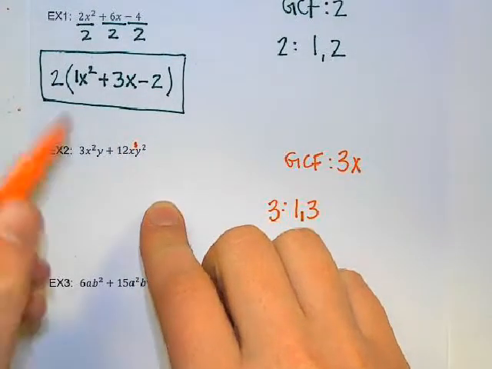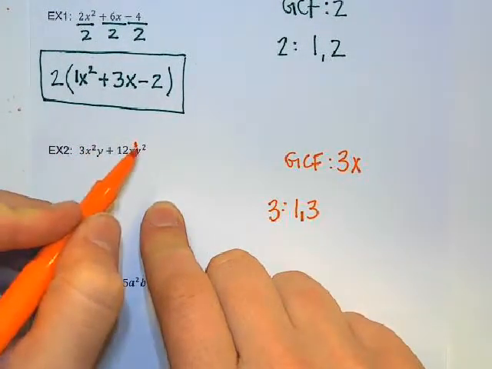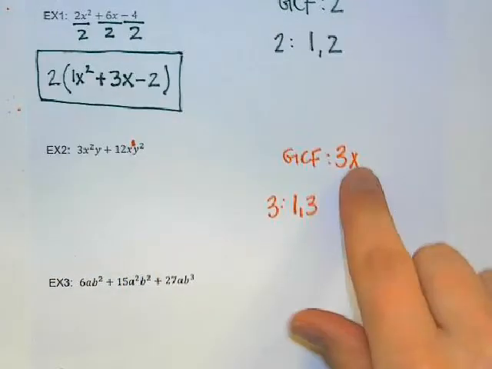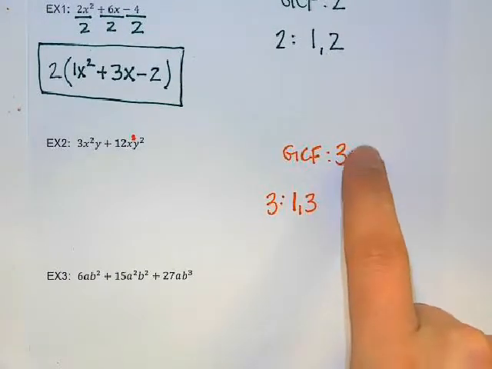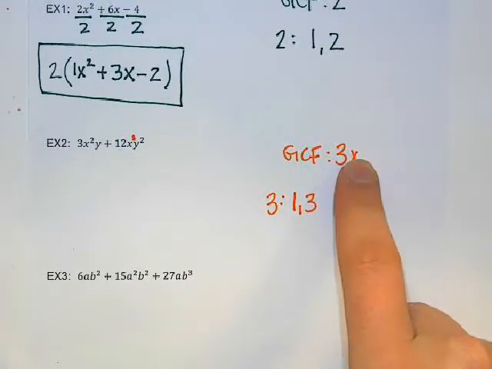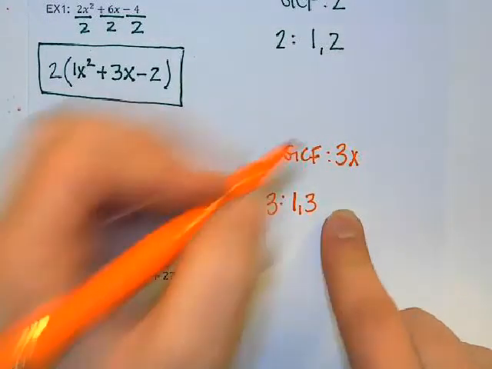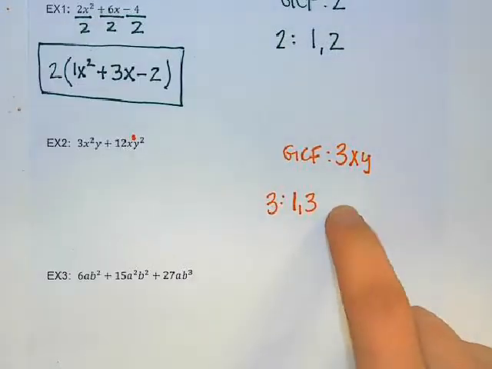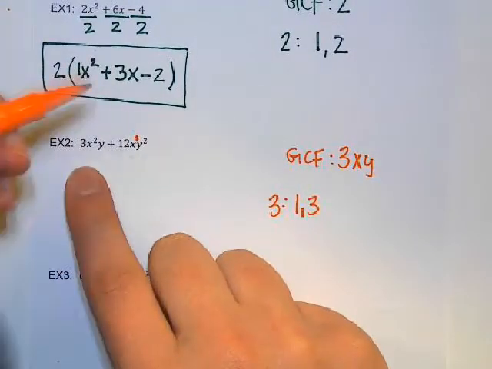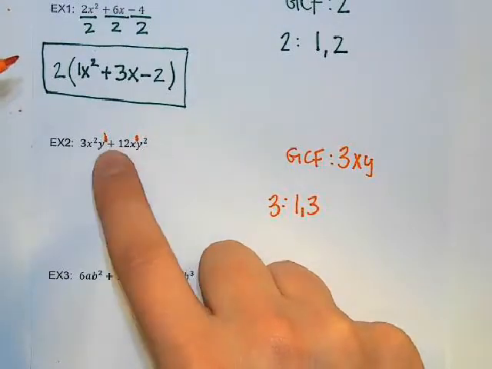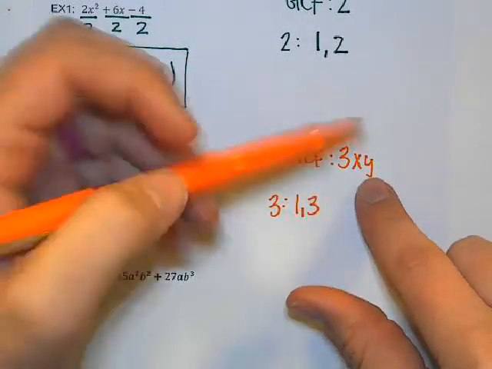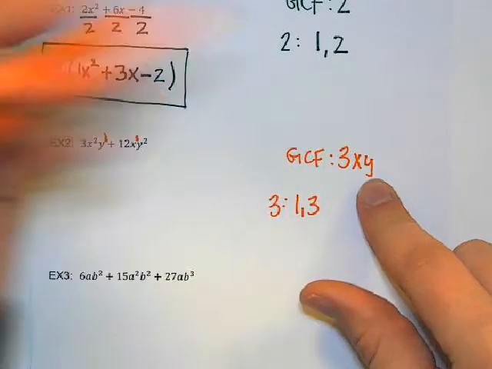Invisible 1. So which one is smaller, 2 or 1? 1. So this needs to be just regular x with an invisible 1. Then you said they also have y in common. So I have to figure out which y has the smallest exponent, 1 or 2? 1. So this is going to be regular y with an invisible 1.